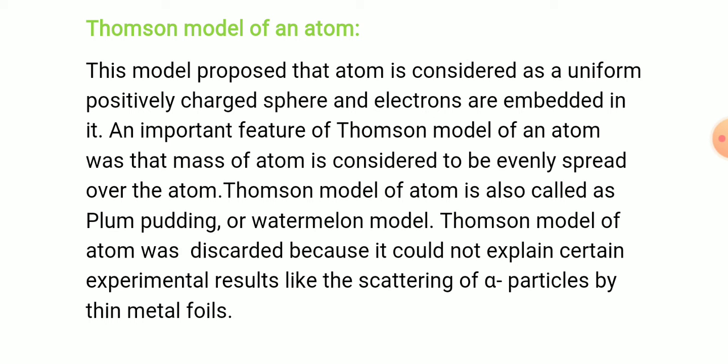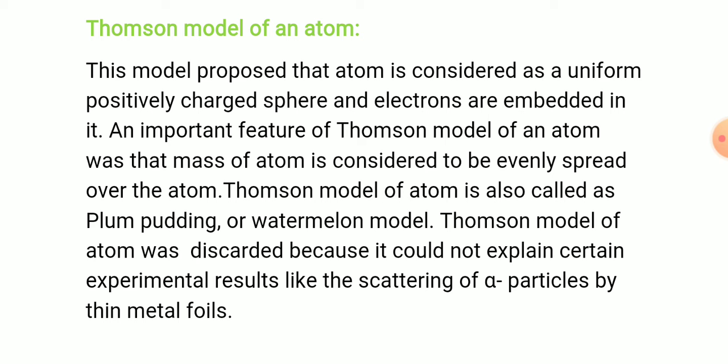Now, the Thomson model of an atom. Thomson first proposed an atomic model, in which the atom is considered as a uniform positively charged sphere with electrons embedded in it.